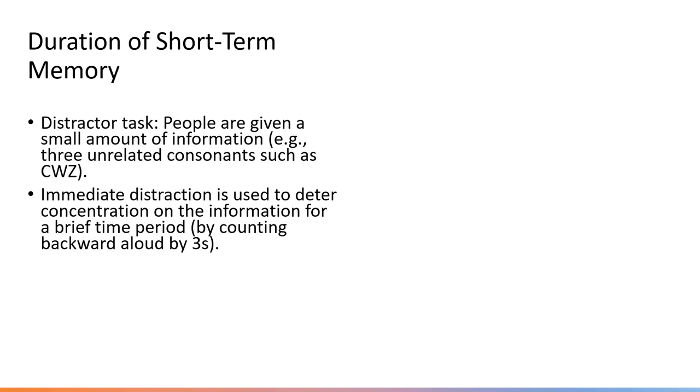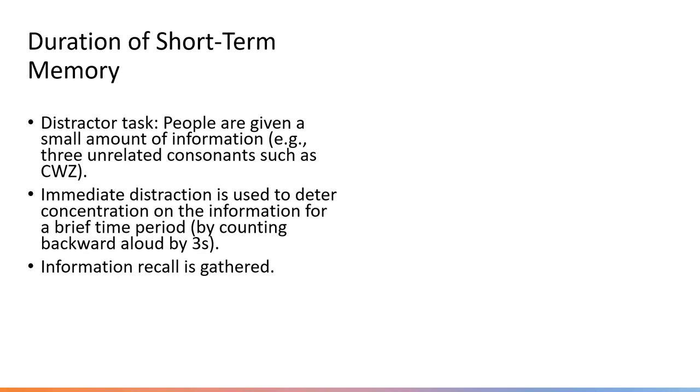That can be very challenging. It takes up a lot of energy for most people to do that task. That distraction takes away from any ability you have to rehearse information that's in short-term memory. And that's a way that we can tap into just how long short-term memory can last.